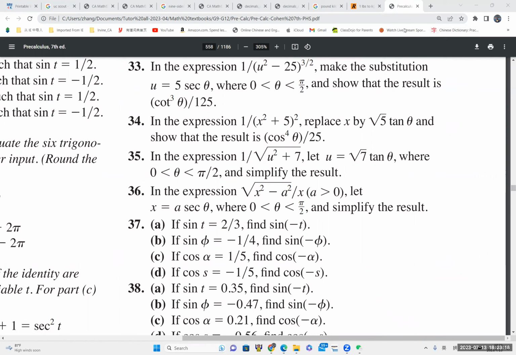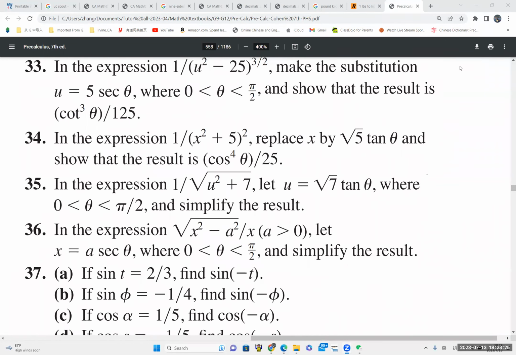Okay, so let's try first. I suppose we need a whiteboard.